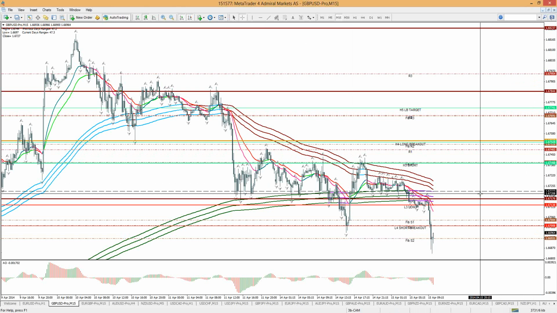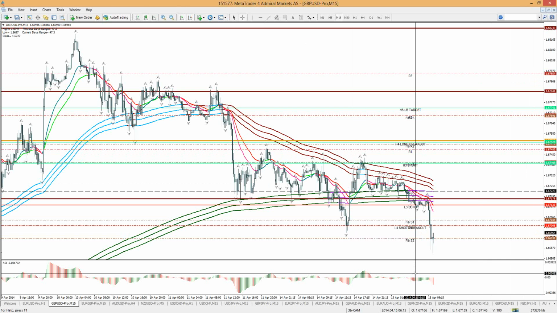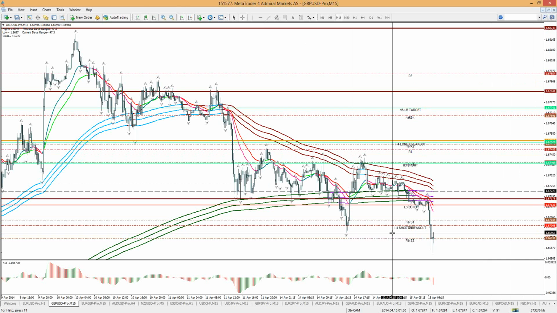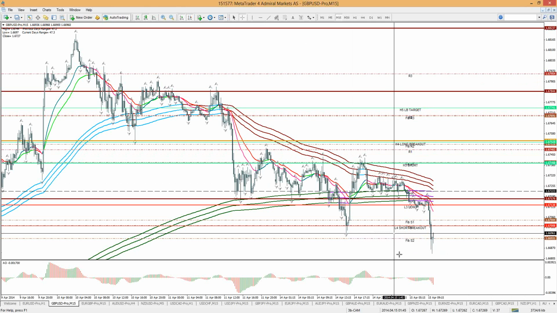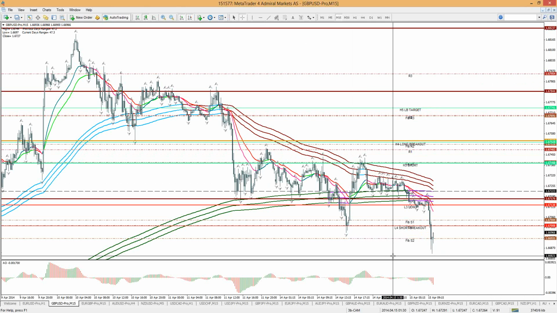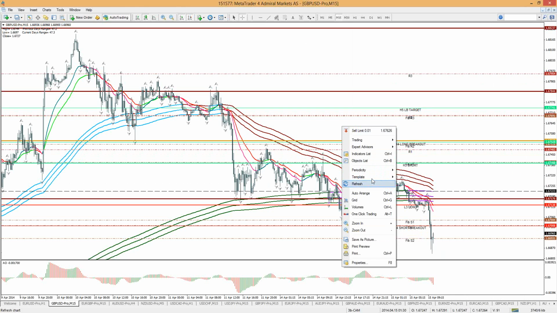which could basically mean a potential London fake out at first. We broke yesterday's low by about 13 pips, which is quite a lot. Normally it's 8 pips, as some of you might know. Let me put on a new template here.